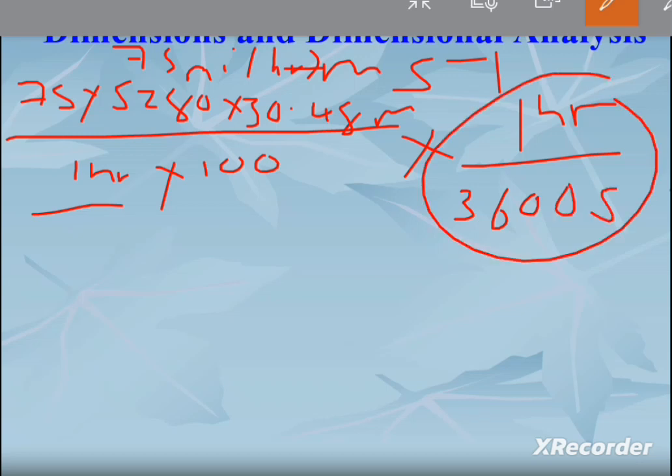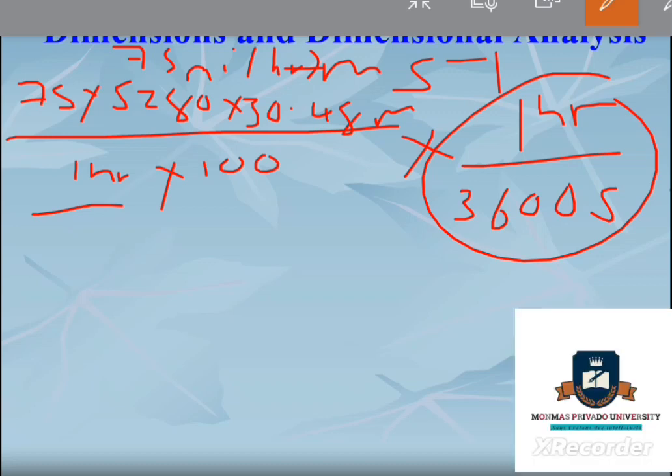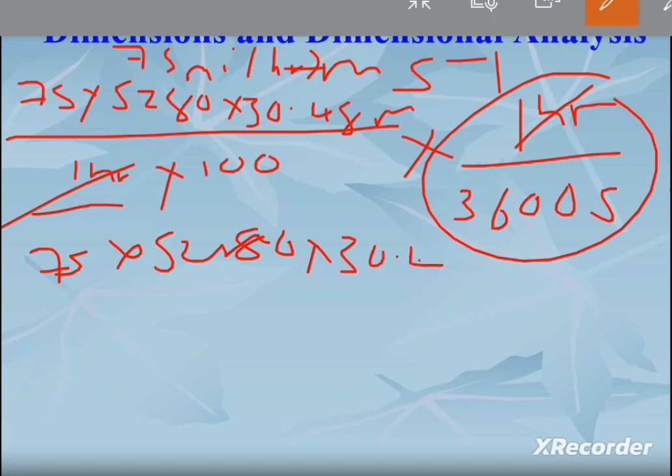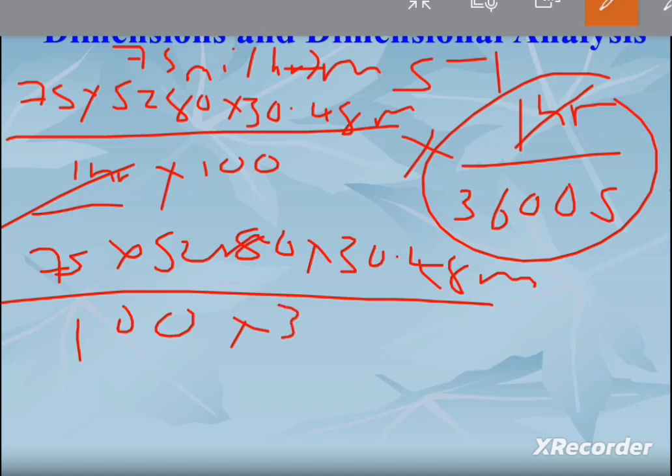When I say someone took an hour to move, and I say someone took 3,600 seconds, it is the same. So I cancel hour there, and I'm left with 75 times 5280 times 30.48 meters over 100 times 3,600 seconds.